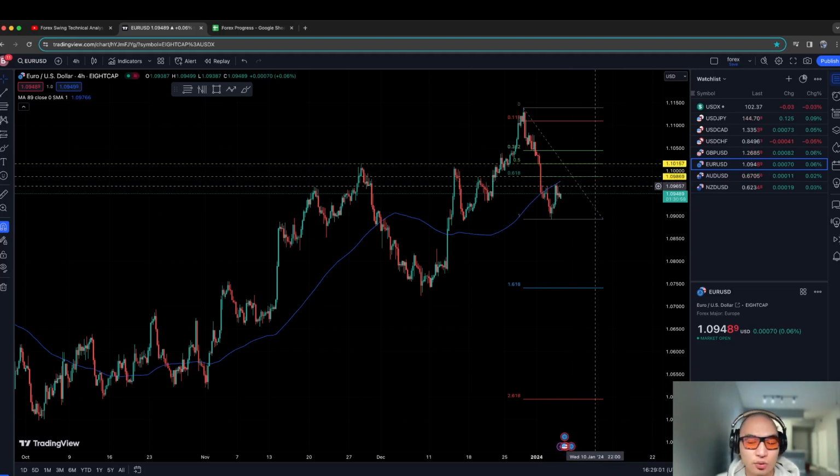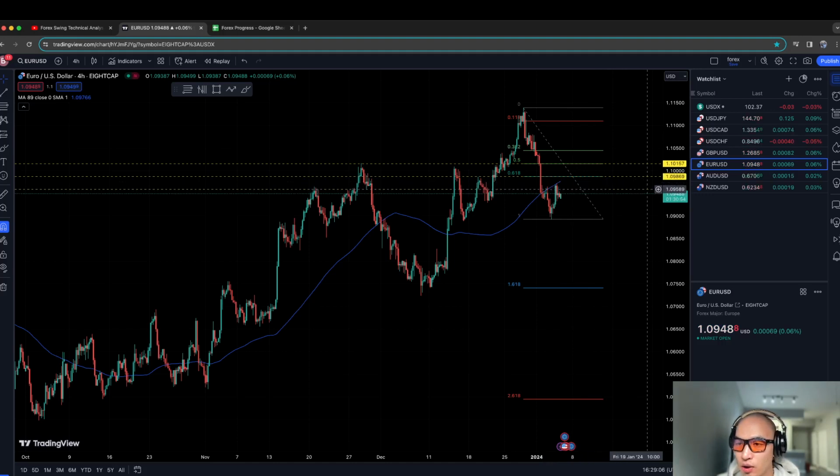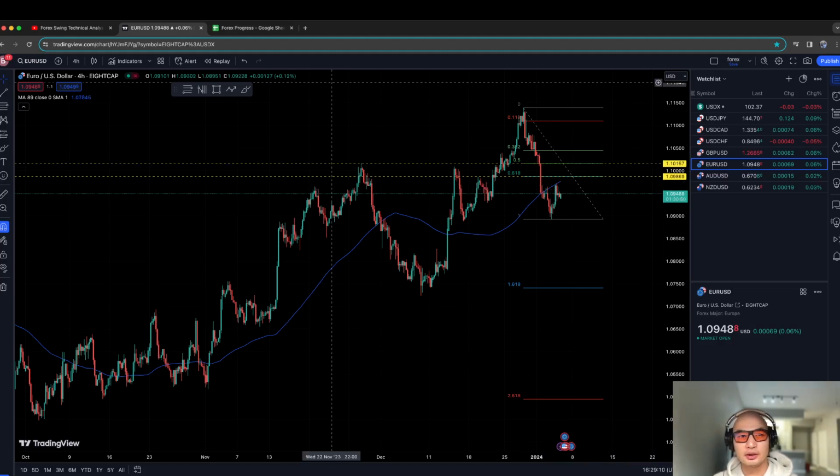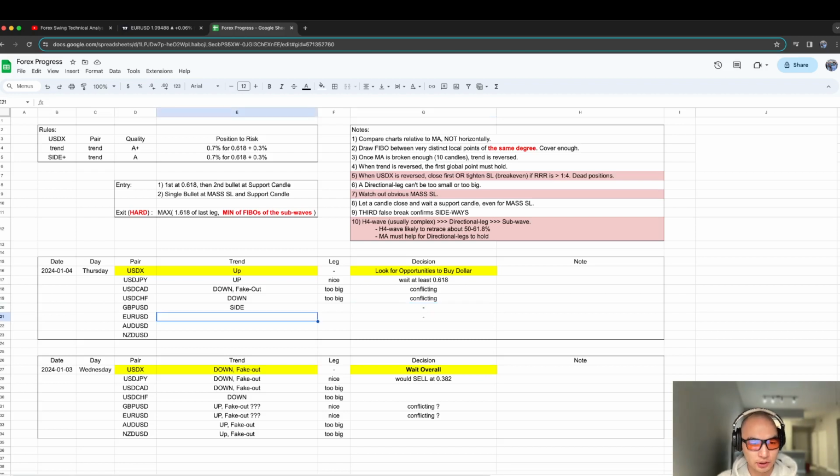So I need Euro USD to retrace at least until 1.099, then I will start selling the Euro USD. Okay. Now your Euro USD trend is considered down. The last directional leg size was nice. So wait at least to sell.